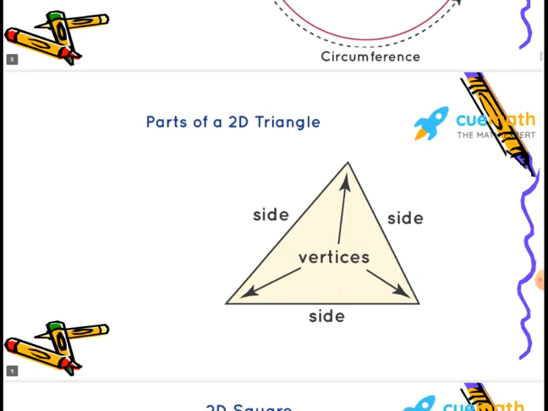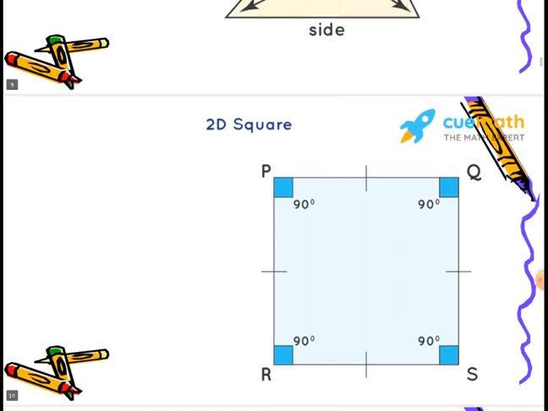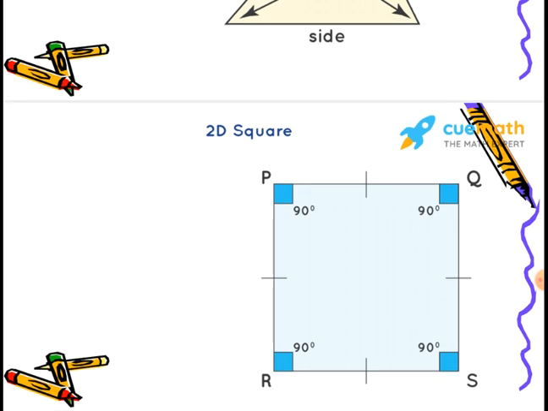For the 2D ng triangle naman, we have the vertices, iyan yung mga angles natin, and we have also 3 sides. For the square, yung ating apat na angle dyan is, of course, 90 degrees, and we have the same dimension ng side, kasi nga square siya.